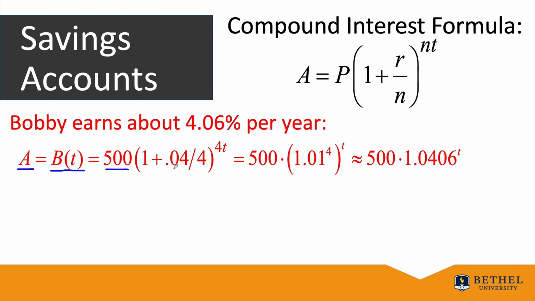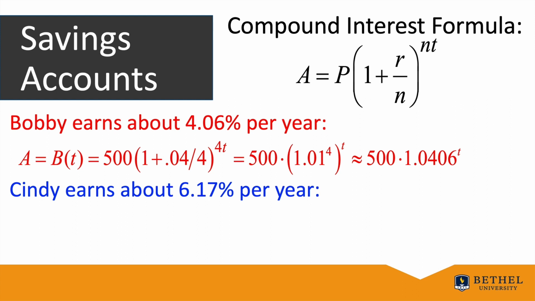P is 500, r is 0.04, n is 4, it occurs again twice. 1 plus 0.04 over 4 simplifies to 1.01, and by properties of exponents, the 4 times t here can be separated out into a 4th power here and a tth power there. When you use your calculator to find 1.01 to the 4th power, you get about 1.0406.